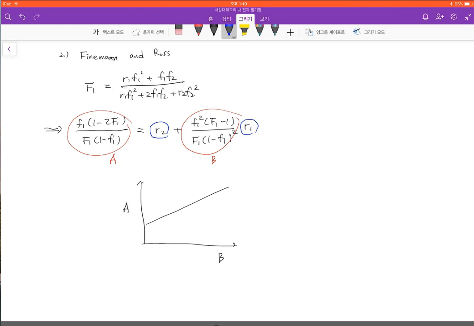Then we can plot A as a function of B with different values. That will be linear, and from the slope we'll have R1, and from the y-intercept, we'll have R2.